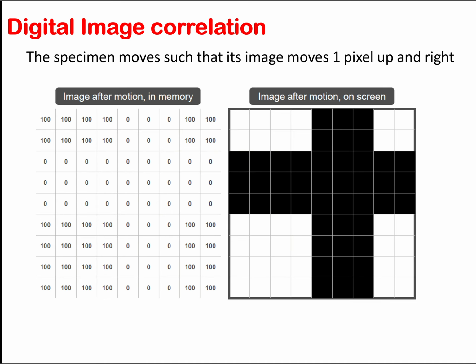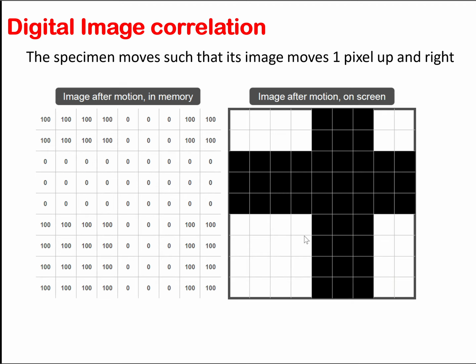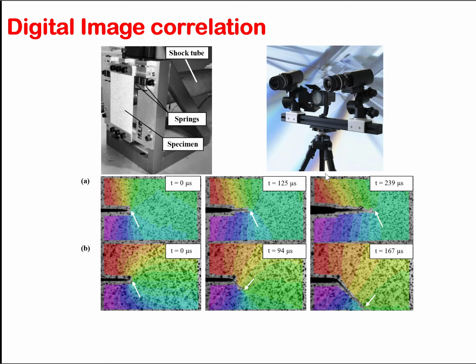And this movement, the changes in intensity in each pixel, is going to give us, for example, look at this specific pixel. The intensity of it is 0 in the beginning. When you apply the load, the intensity becomes 100. Based on these changes in intensity that we record using the cameras, we can calculate the strain of the material.